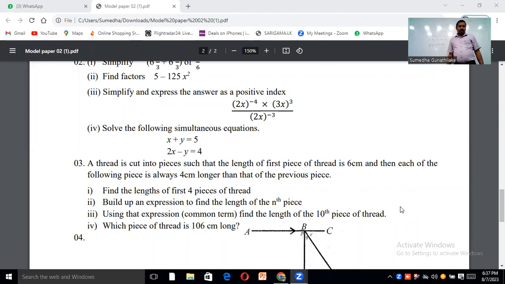Build up an expression for the nth piece. Then using the expression common term, find the length of the 10th piece of thread. 10th piece of thread.